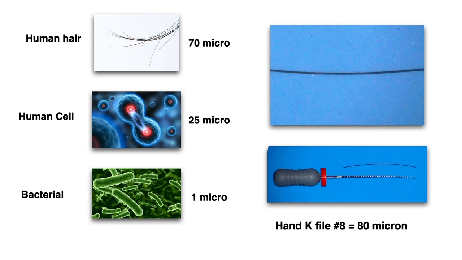And you know, I am practical and I love technology, so I brought a size 80 endodontic file from a quality brand, and I compared. Here you see it is clear that this is 80 micron, which is size 80, and here you see it is a little bit smaller, so I believe that this is the true number.